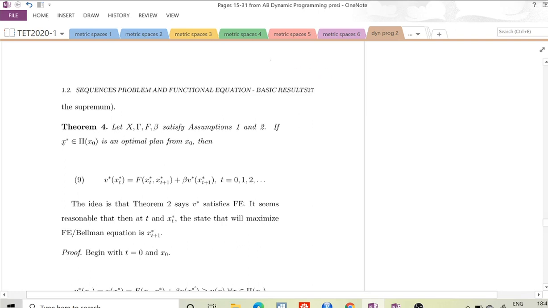So let's say a feasible plan x tilde is optimal starting at x naught if the discounted present value that I get from this plan is actually v star of x naught. It attains the supremum.